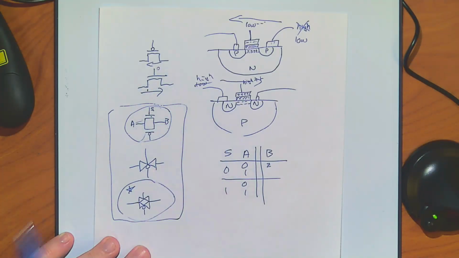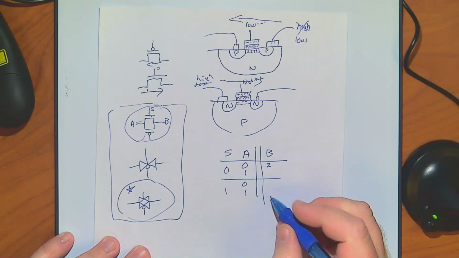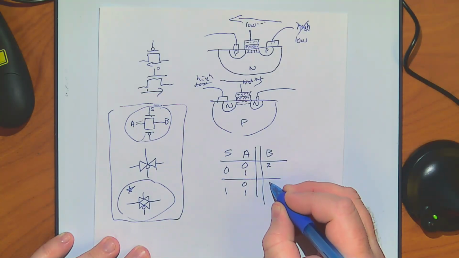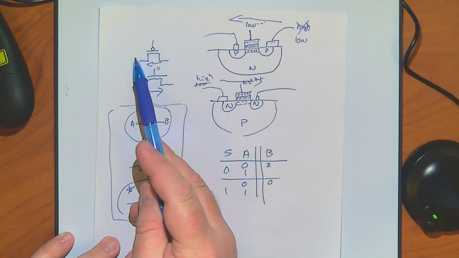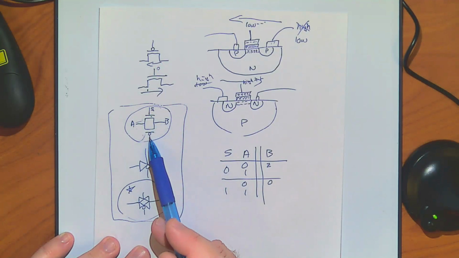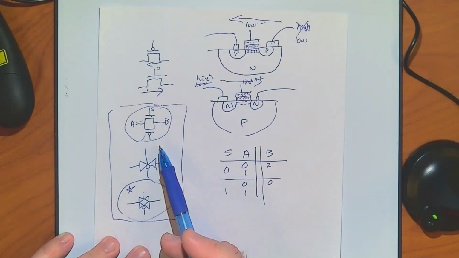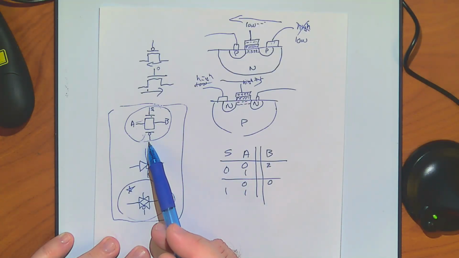What happens to this gate when S is a 1? It'll do a great job transferring that 0. Do we agree? It doesn't do a great job with the 1, though. Now, when does this gate turn on? This lower part. When its input is high or low?